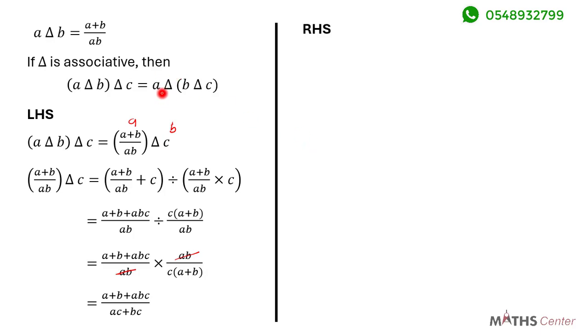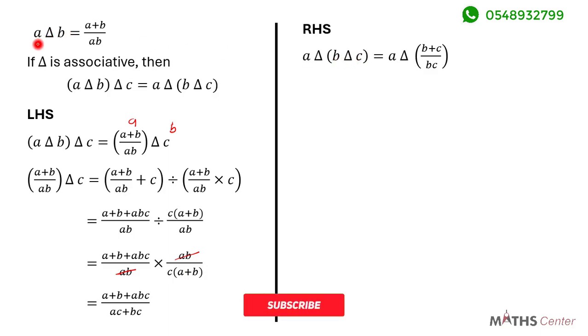On the right hand side we have a delta b delta c into bracket. So we are going to deal with what is in the bracket first. What we have in the bracket is b delta c. So we have to compute this using the definition of the binary operation. The definition of the binary operation is a delta b is equal to a plus b divided by ab.